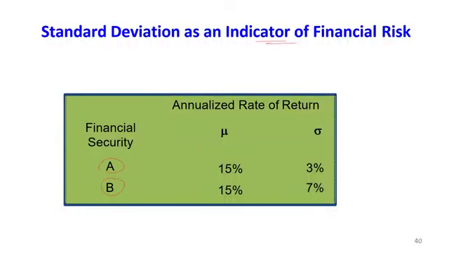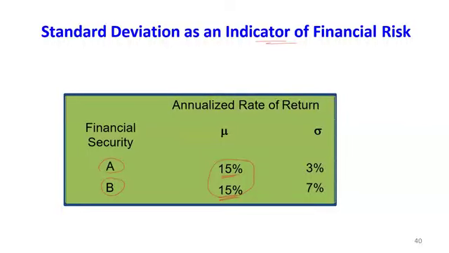Now the average rate of return of this particular stock is, let's suppose, 15%, and the average return of this other stock is also 15%. If you have only this much information, it would be hard for you to decide which stock to pick, right? Because both are giving on average 15% returns.